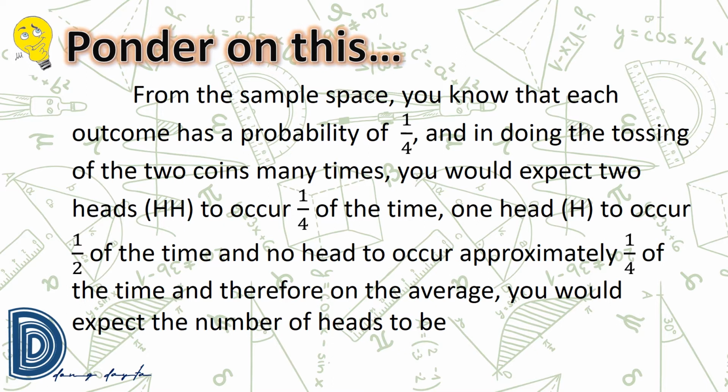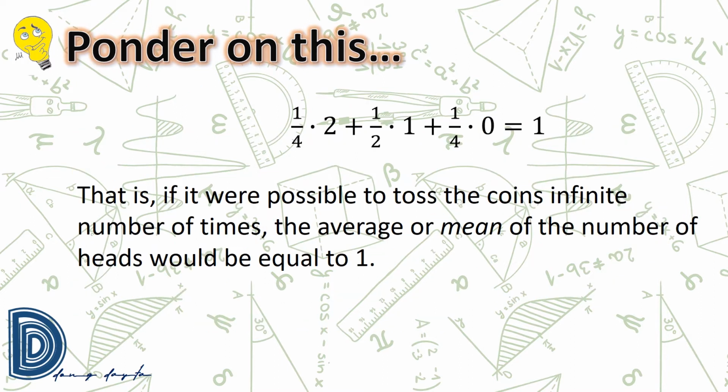And therefore, on the average, you would expect the number of heads to be 1/4 times 2 plus 1/2 times 1 plus 1/4 times 0 is equal to 1. That is, if it were possible to toss the coins infinite number of times. The average or mean of the number of heads would be equal to 1.